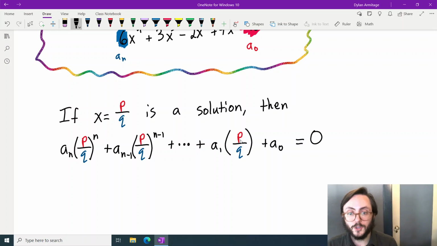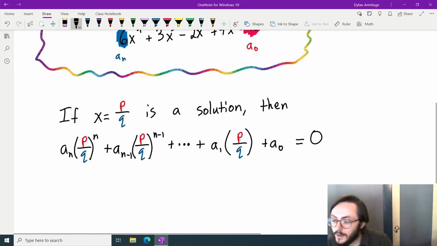If it is a solution, this is a true statement. Well, the nice thing about this is that if it's true, as long as we're consistent, anything we do to it will keep its truthfulness.